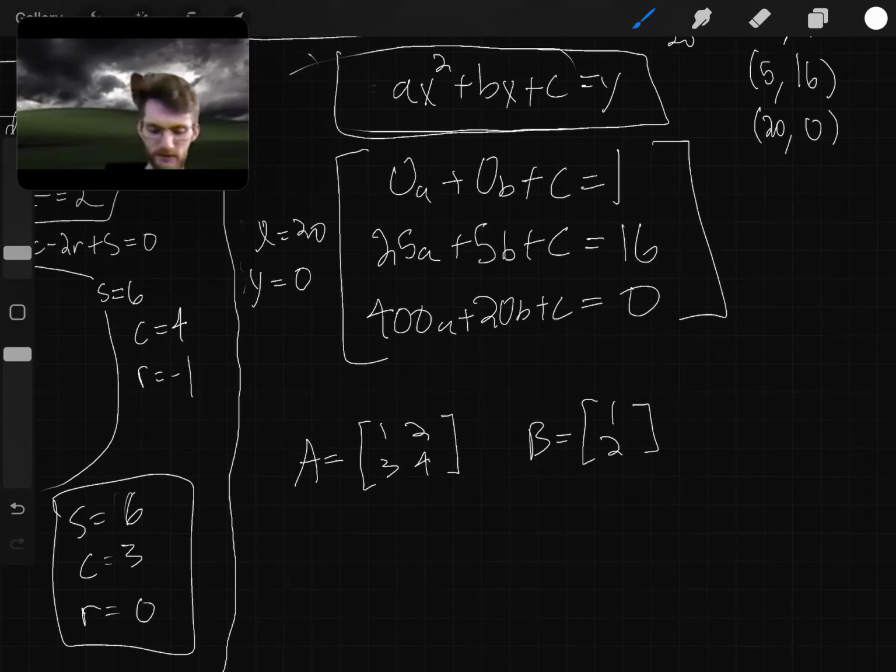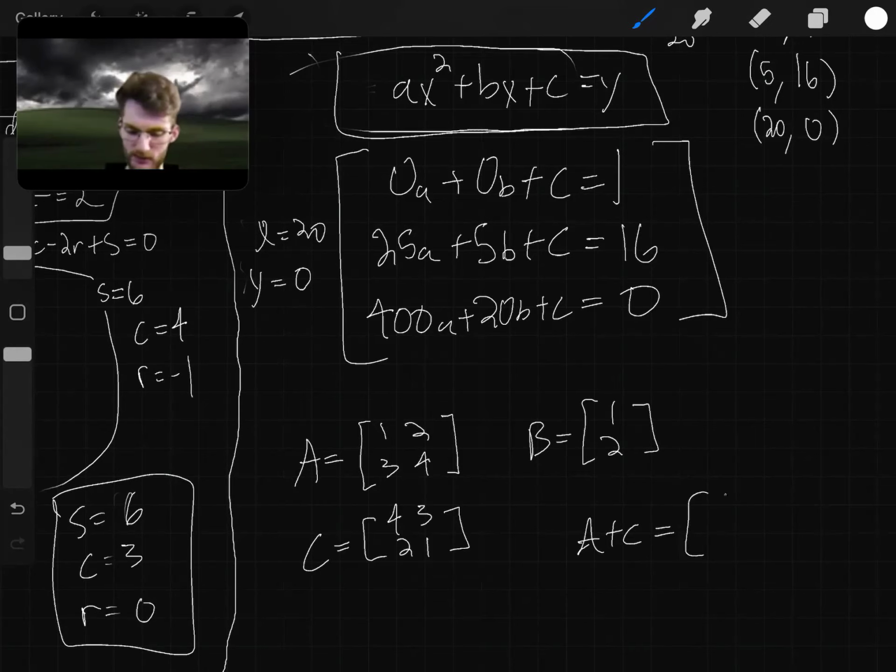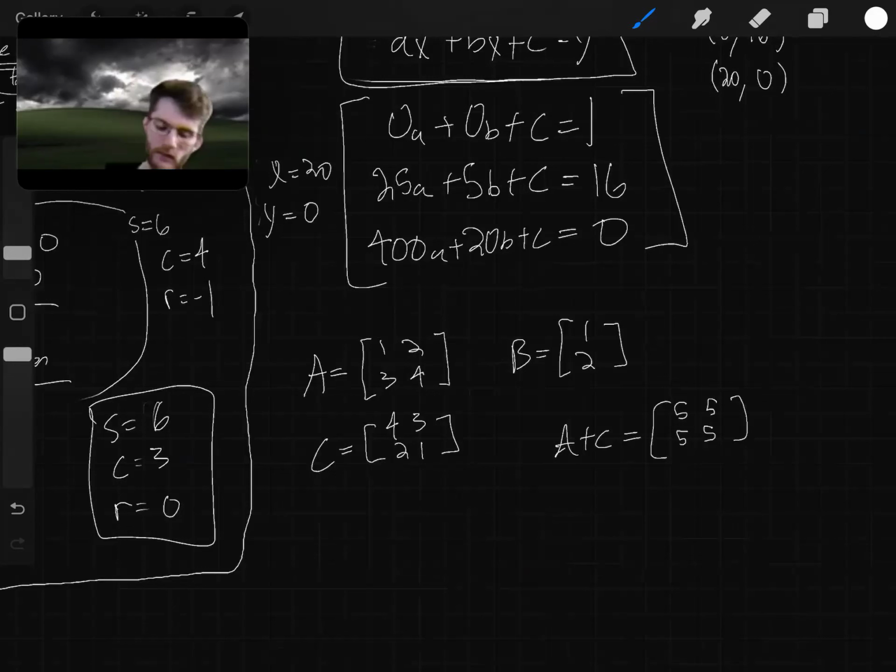For instance, if I had C equals 4, 3, 2, 1, I could do A plus C, just add together the corresponding entries, and that just equals 5, 5, 5, 5. With multiplication, the matrices don't have to be the same size. If they are the same size, they must be squares. If not, the columns of the first factor must be equal to the number of rows of the second.